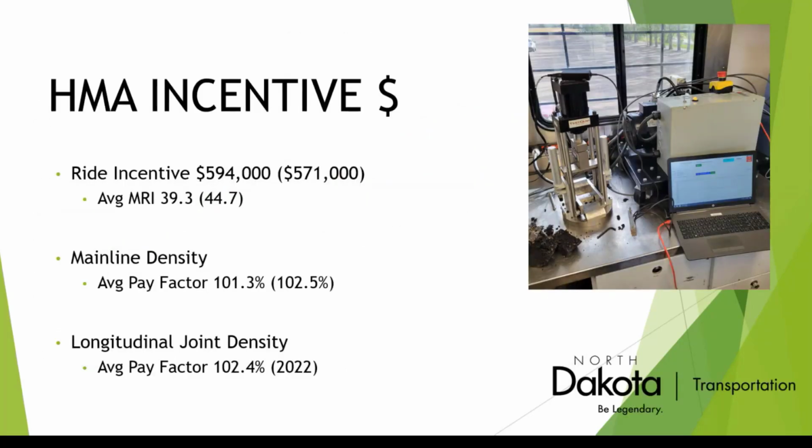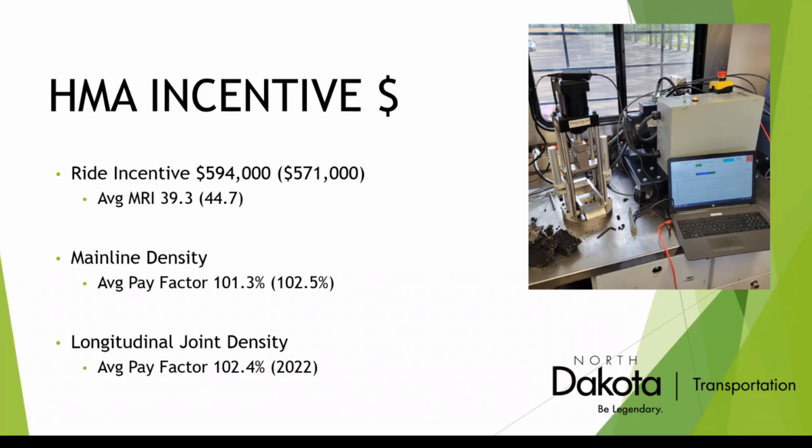These were the total incentives. So I guess I hadn't shown that yet, but this is Tyler's slide again. Make sure you watch his YouTube video. But ride incentives total were over $500,000, almost $600,000. The parentheses is what they were in 2022. The mainline density, you can see, and part of that's the drop.